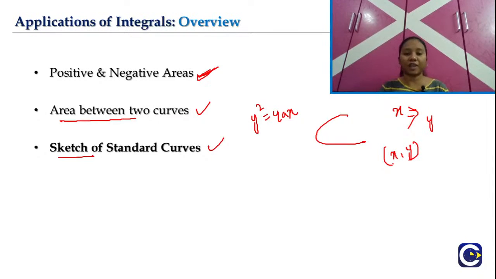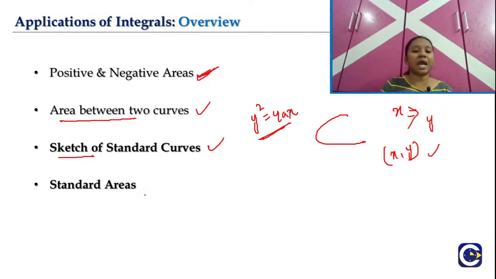Likewise we take 2 or 3 x values, get 2 or 3 points, and then plot the graph. Without doing all this, for standard curves we can, by looking at the equation itself, go ahead and get the graph of it.